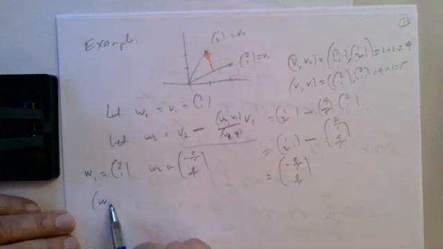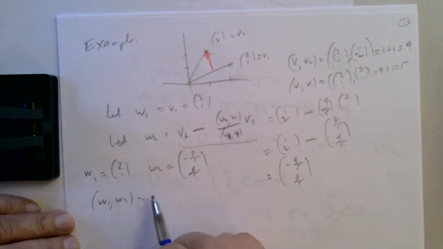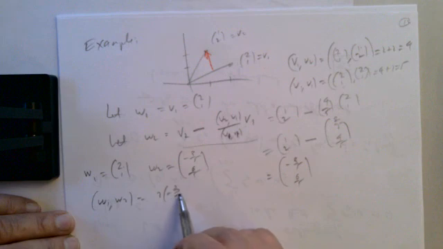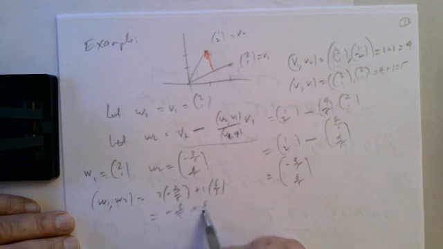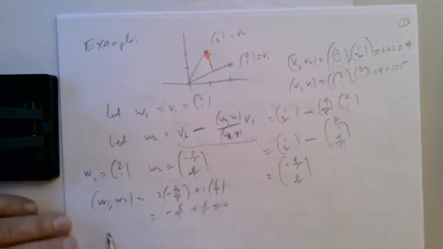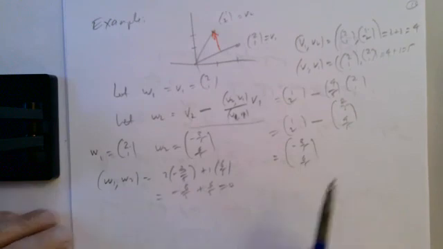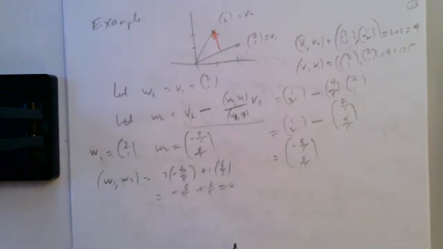And what is the inner product of W1 and W2? It's 2 times minus 3/5 plus 1 times 6/5. That's minus 6/5 plus 6/5, which is 0. So W1 and W2 are perpendicular to each other. So they give us an orthogonal basis. But suppose we want an orthonormal basis. We want unit vectors.